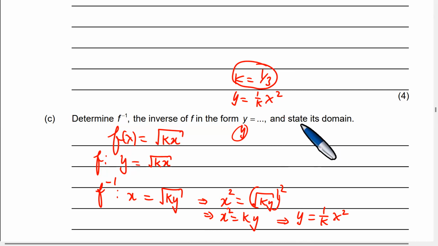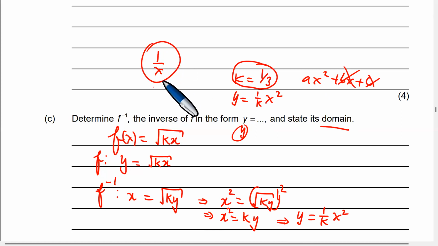But state its domain. The inverse is a quadratic. It's like ax squared plus bx plus c, but these terms are zero, so it's ax squared. What is the domain of a quadratic? To look at the domain, you need to look at whether it is undefined somewhere. 1 over x is undefined, because it's only defined when x is not zero.